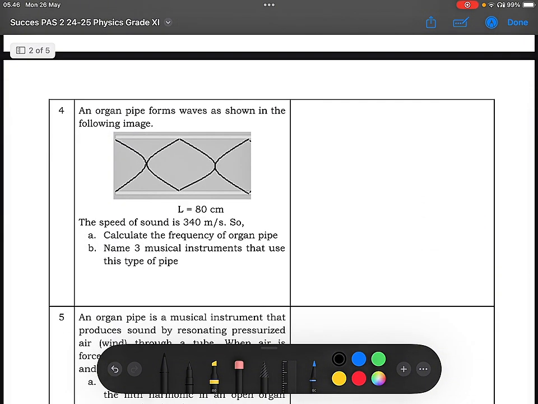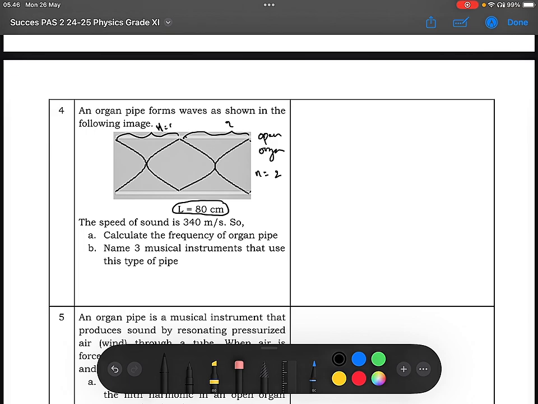Number 4. An organ pipe forms a wave as shown in the following image. The length L is 80 centimeter, and this is open, yes, an open organ. How about the n? Number 1, number 2. So n is second.